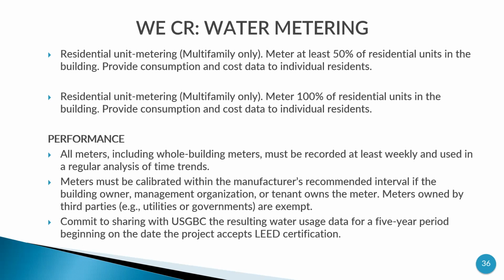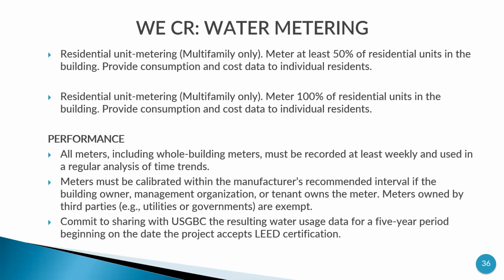For example, I have the sub meters. I put the sub water meters in the line just to calculate how much I am consuming in different areas. Those are like the circular meters. Those meters also need to be calibrated after a certain time. If yes, then after how long? That is as per the manufacturer's recommended interval.